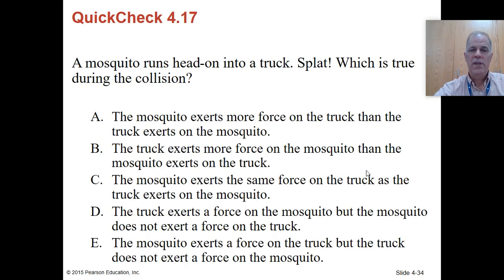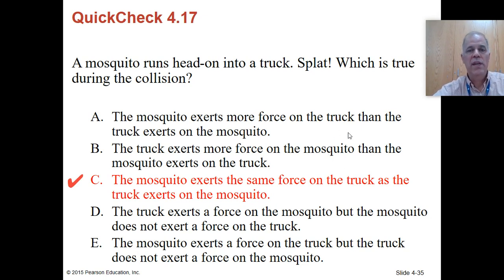17, mosquito splats on a windshield. Find the correct answer, and the answer is right about now. There it is. Again, this is a third law, action-reaction. The mosquito pushes on the windshield with the same force that the windshield pushes on the mosquito.